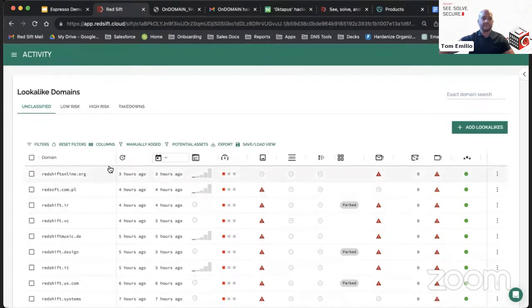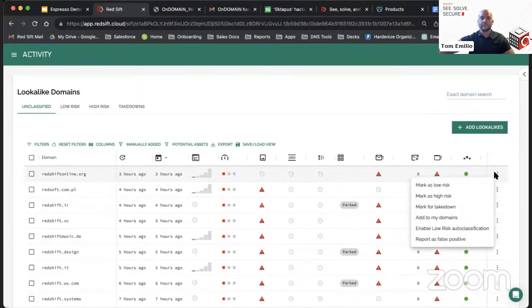You need a solution that's going to be looking at this stuff around the clock. These are unclassified domains, meaning the platform has found them, but the end user, which is me in this case, hasn't gone to classify anything, to mark them at certain risk levels or say, hey, this is my domain. So we'd add that over to the first screen we looked at.